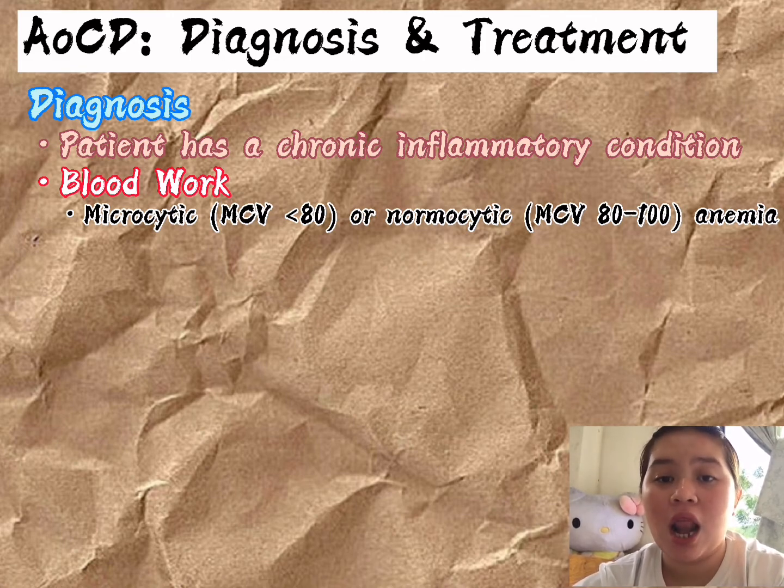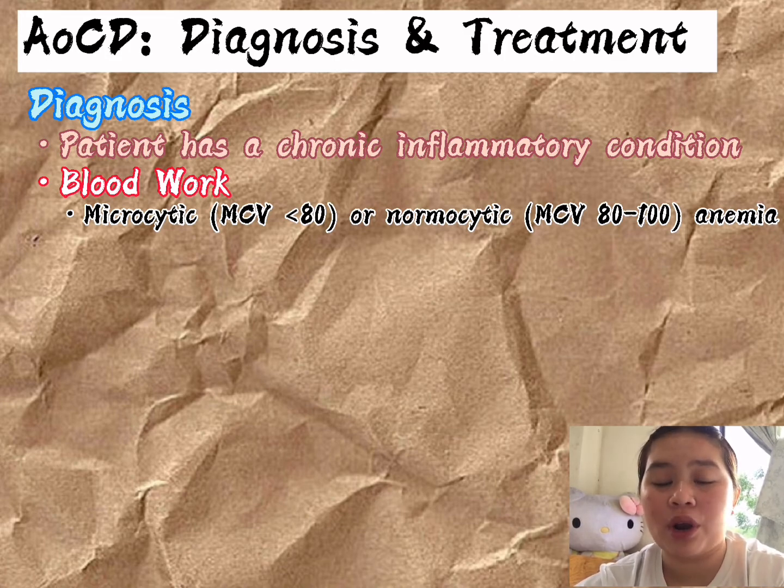In some cases, the MCV is less than 80, which would be defined as microcytic anemia, but more commonly it's going to be normocytic anemia, MCV 80 to 100.